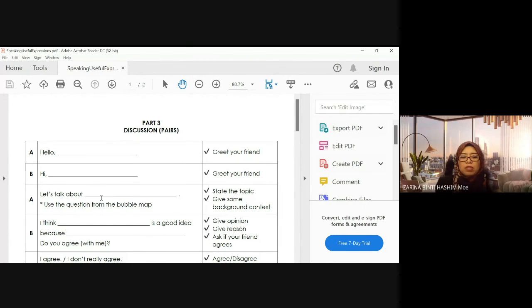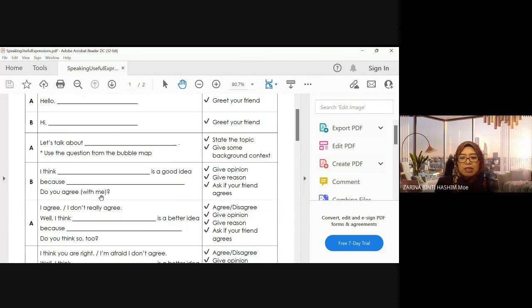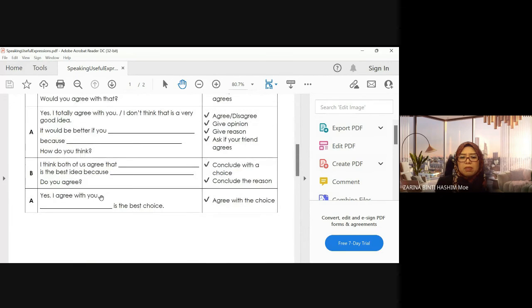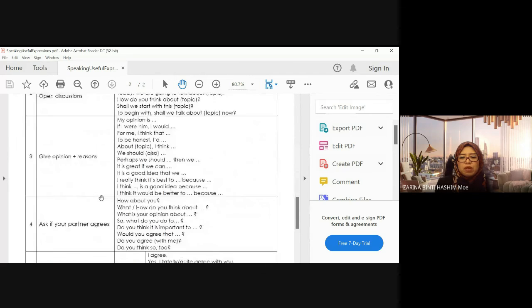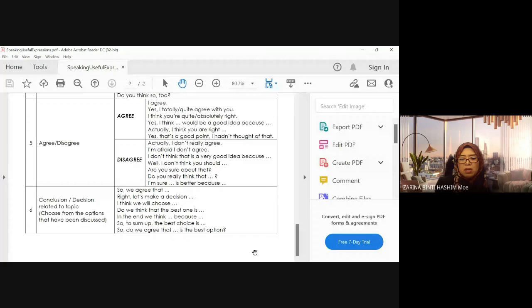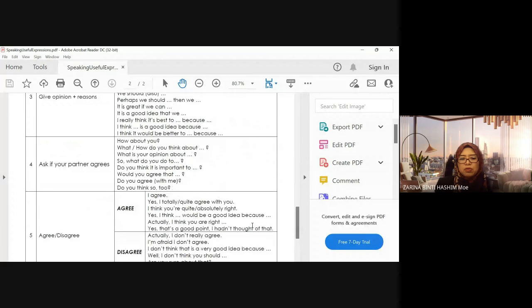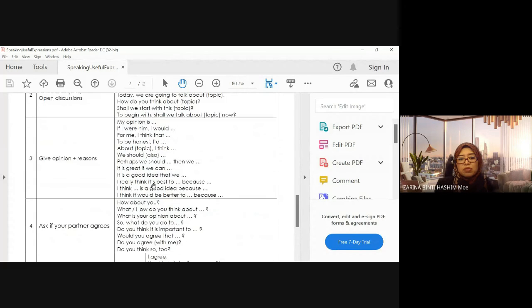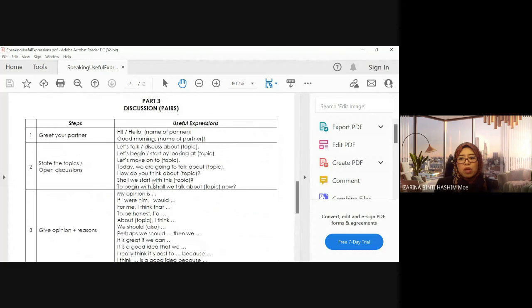I will post this in the group. I'm not sure if you want me to give you the hard copy or not. I think you can just choose a few, because you're not going to use all of this. Maybe you will choose 1 or 2 to use in your speaking discussion for part 3.